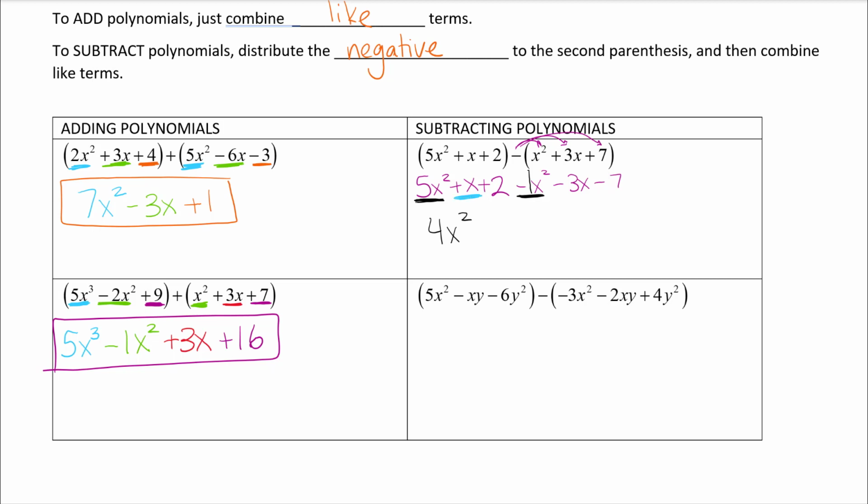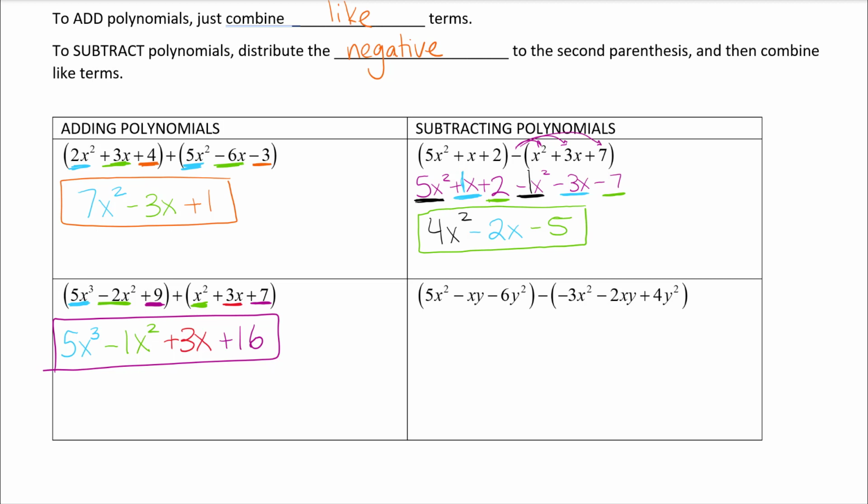Next I have plus x and minus 3x. Again, the multiplicative identity says that there's a 1 in front of that x. So we have 1x minus 3x, that's negative 2x. And then I have plus 2 minus 7, which is minus 5, using my integer rules, and that is it.